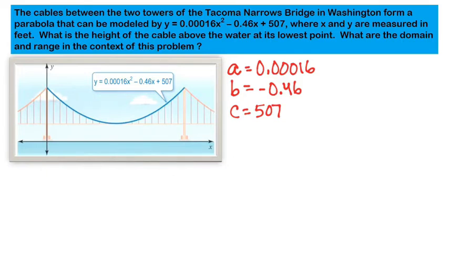Now that we know those values, let's take a look at the graph. When you look at the graph, the black lines are the x and y axis, which makes this point the origin, 0, 0. We know that our C value will always tell us what the y-intercept is.